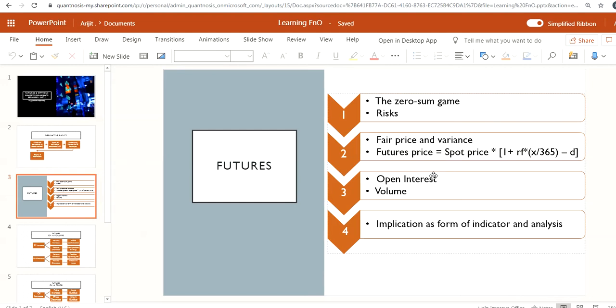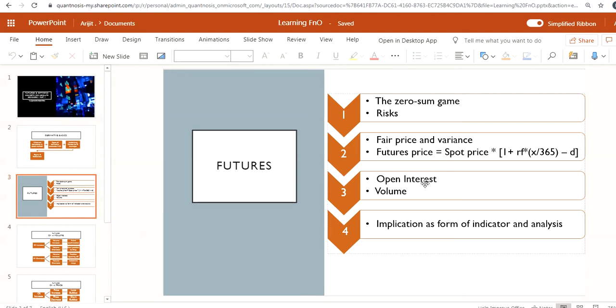Future volume is denoted as the total trades executed in a particular period. It has a similar implication to that of stock volume, as it provides you insight into the contract's liquidity or the interest of market participants.